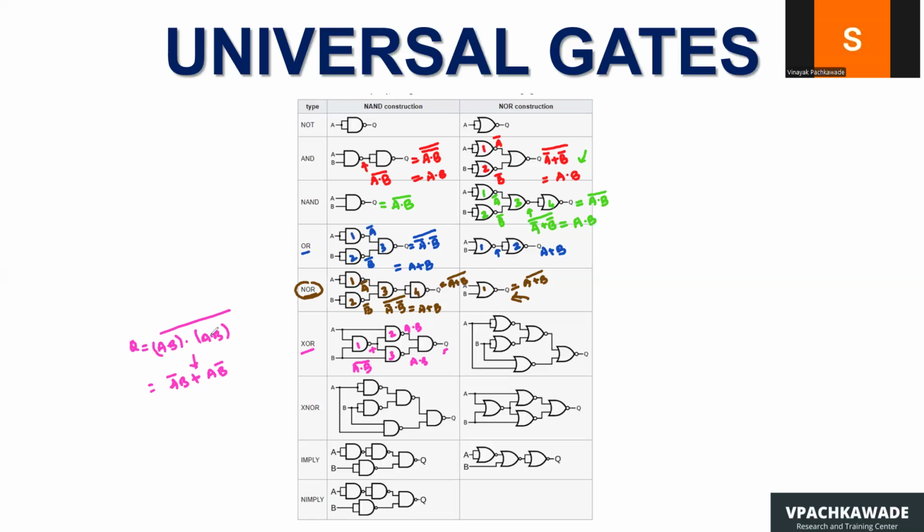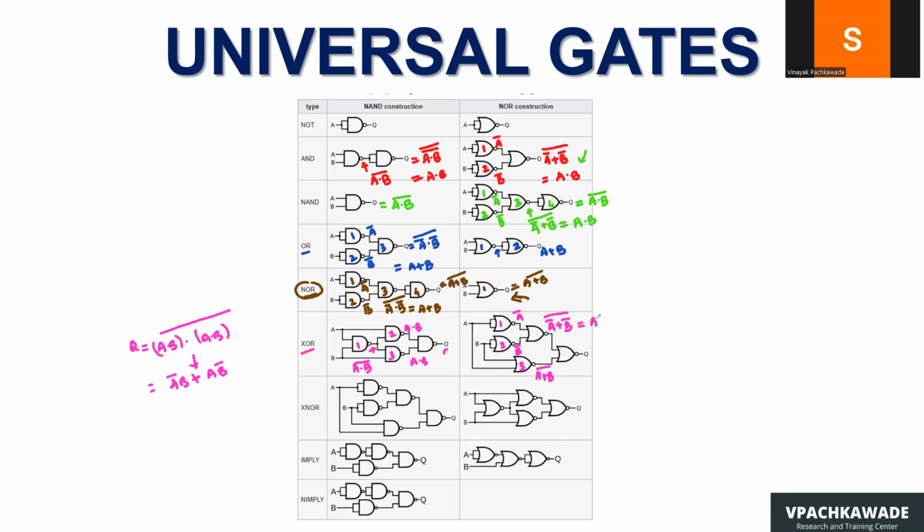So this is an exercise for you. How about XOR gate using only NOR gate? So again here, gate number 1 output would be A bar. Gate number 2 output will be B bar. Here gate number 3 is A NOR B. And here would be A bar, B bar, and take a NOR.